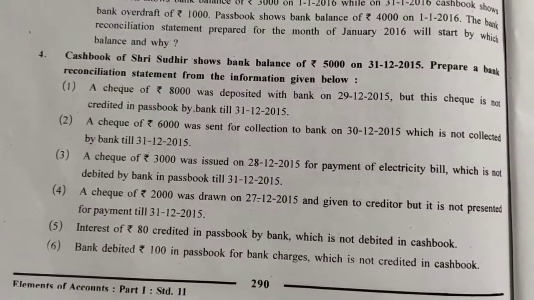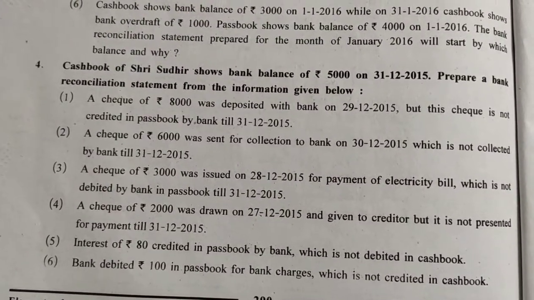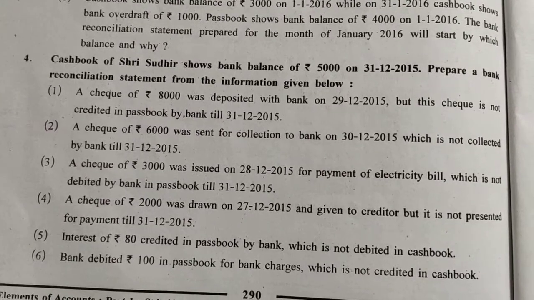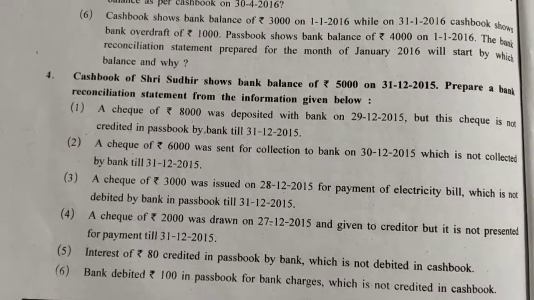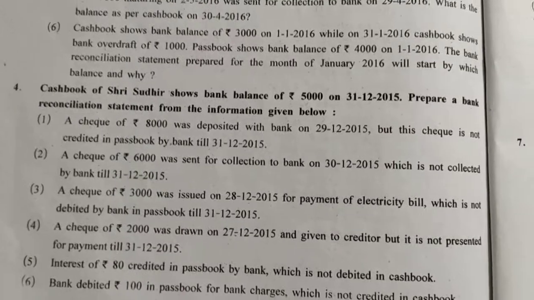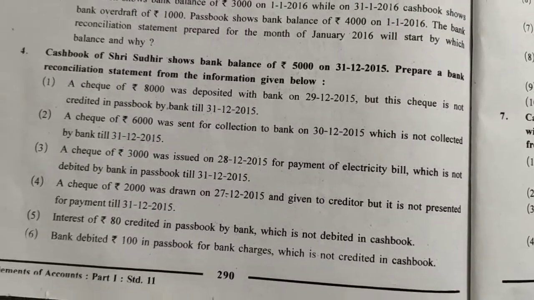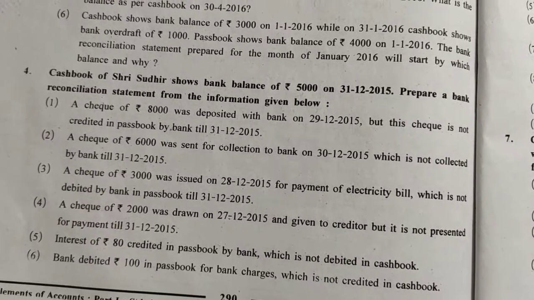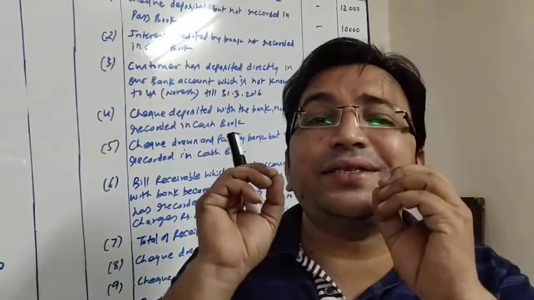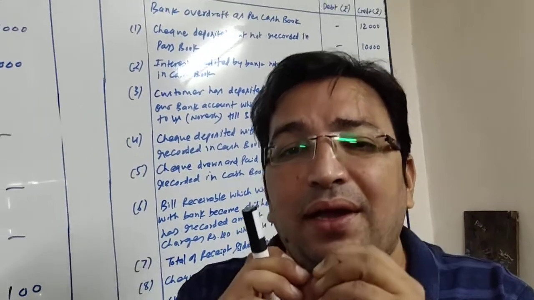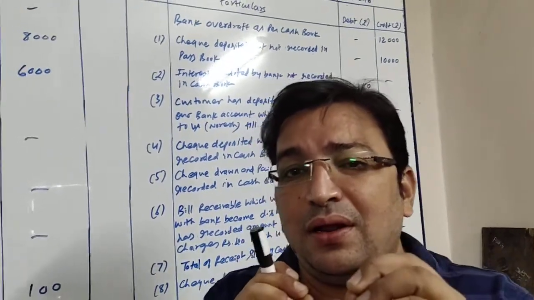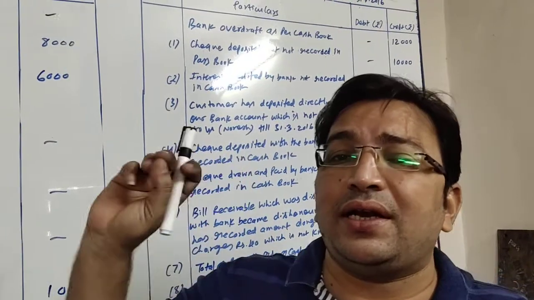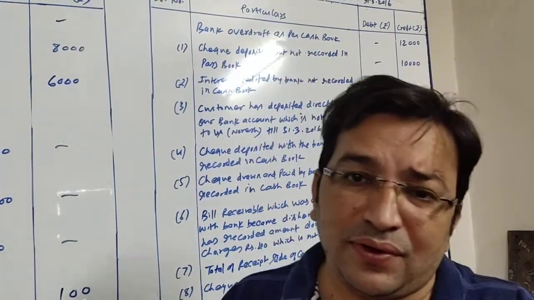The first transaction says a check of rupees 8000 was deposited with bank on 29/12/2015, but this check is not credited in passbook by bank till 31/12/2015. Friends, the check was deposited with the bank on 29/12, which was not credited by bank till 31/12.